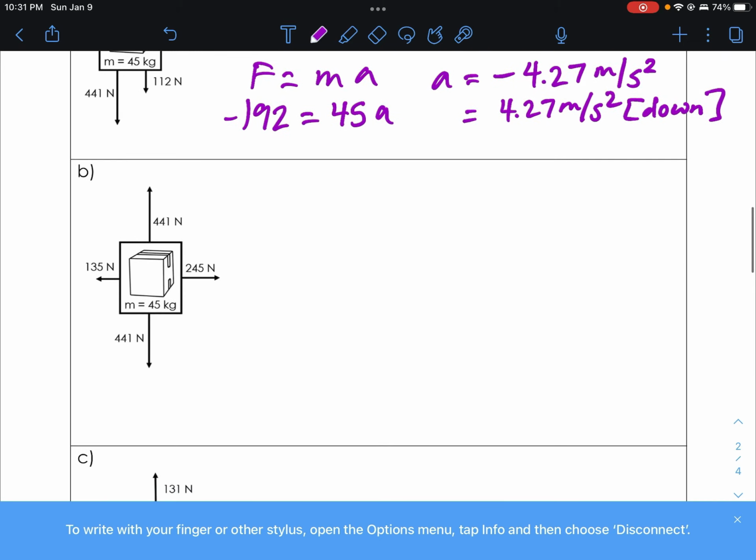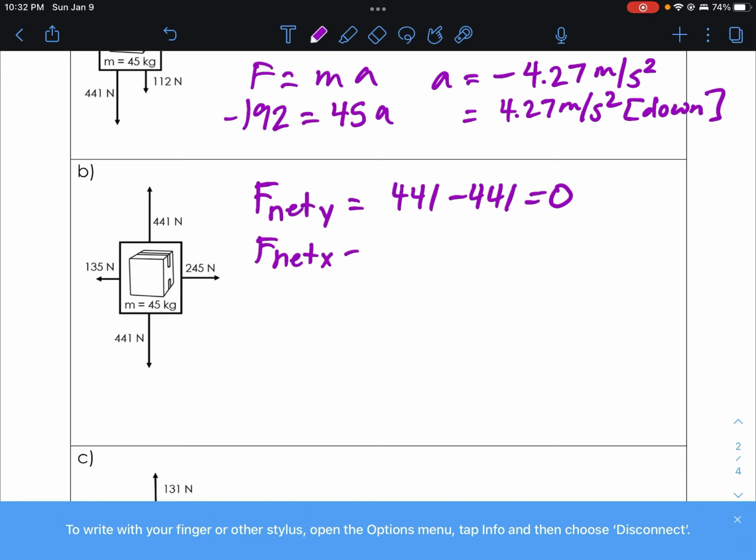B, F net, well, in the y direction, 441 minus 441 equals 0. In the x direction, we have 245 minus 135 equals 110 newtons.